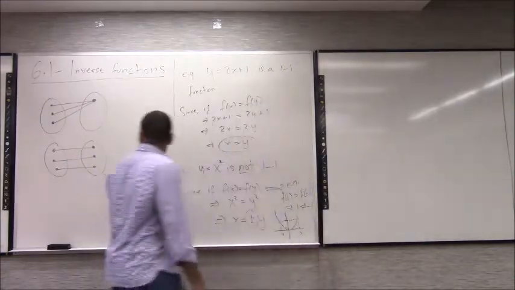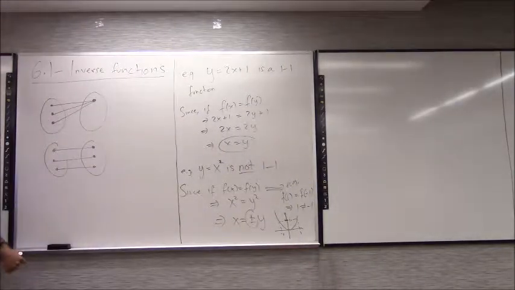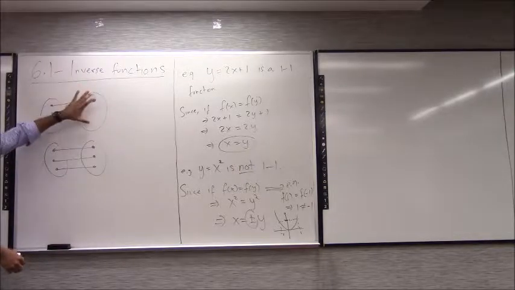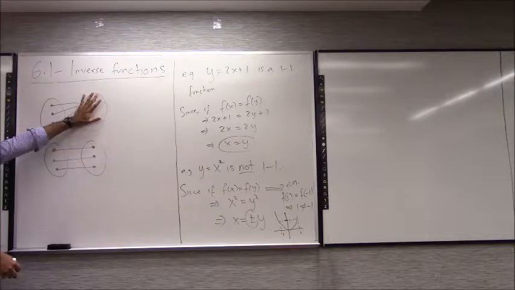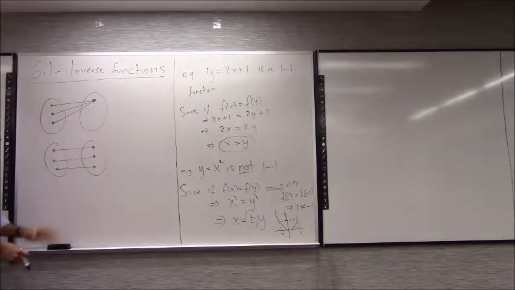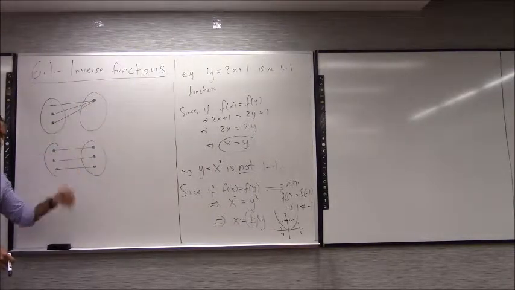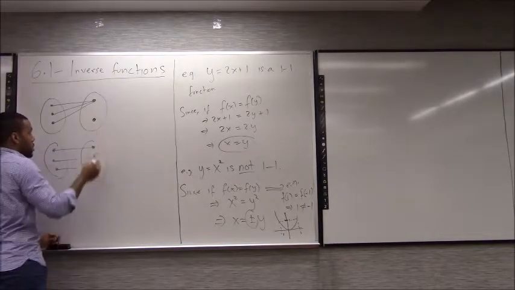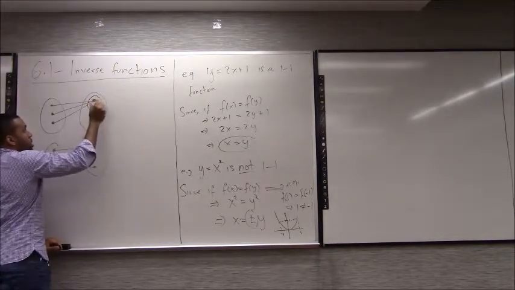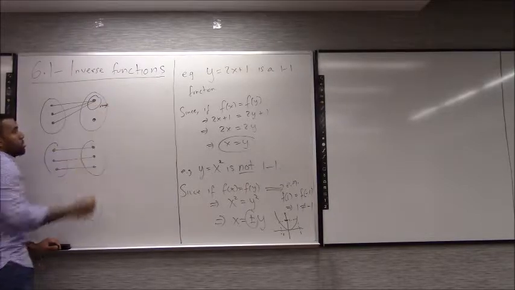It's also important that your function is what we call onto, which means every element in here is assigned. But we'll mostly be thinking about functions reversing from their range. So there's such a thing as having a range. Right, this is the set that would be called the range here of the function.